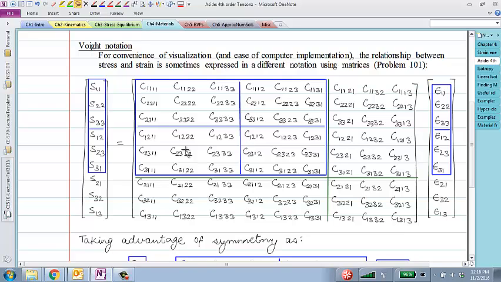Now imagine on the left hand side all possible ellipsoids of different shapes, and on the right hand side another set of all possible ellipsoids. The relationship between those two sets, all possible ellipsoids of stress at one point and strain at one point, is what a fourth order tensor would look like.